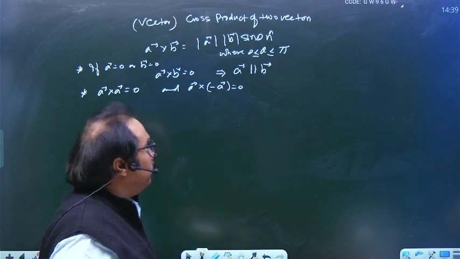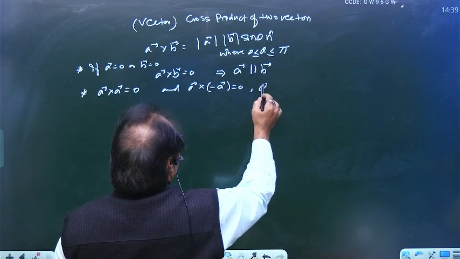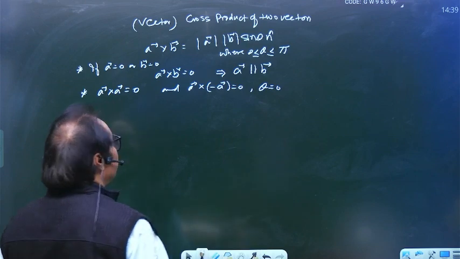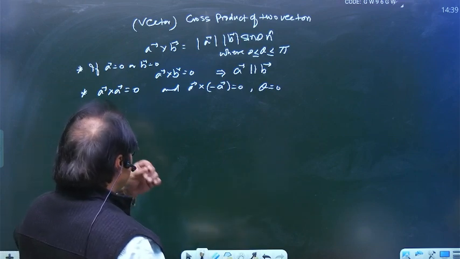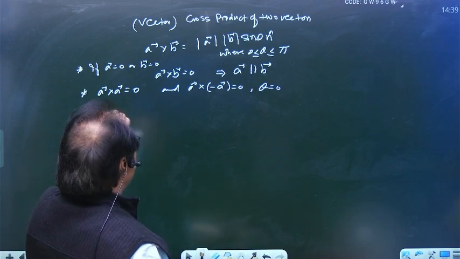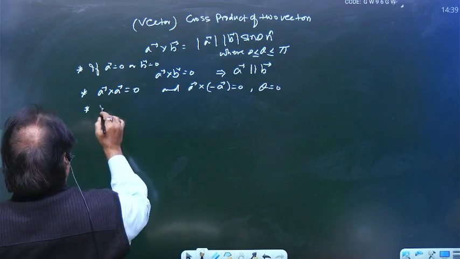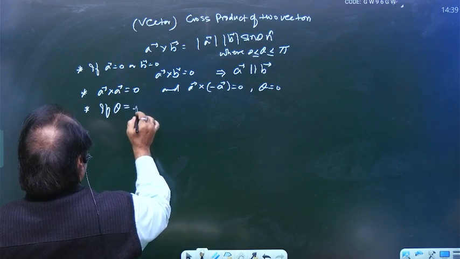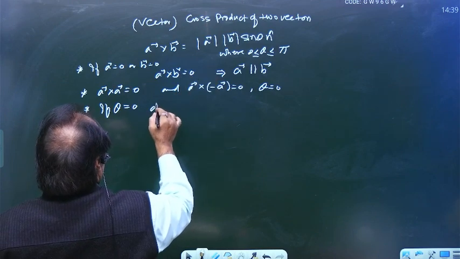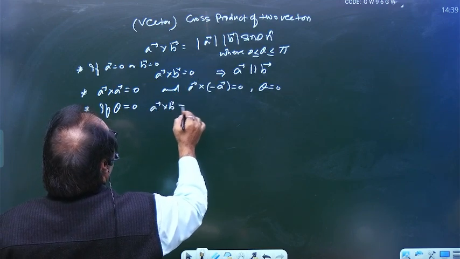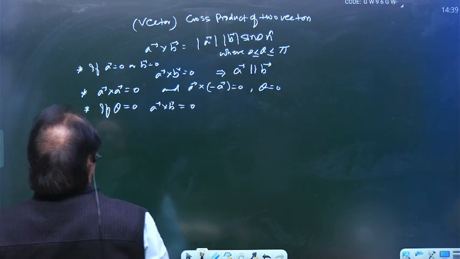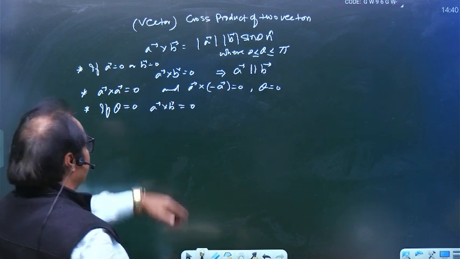Now where theta is 0, because sine 0 is 0, A cross B is 0, that we have already discussed.